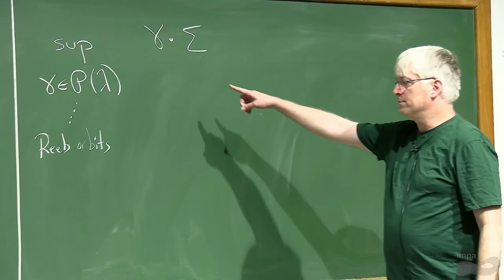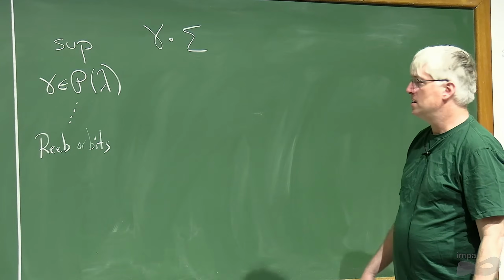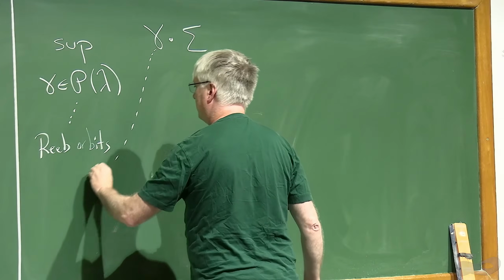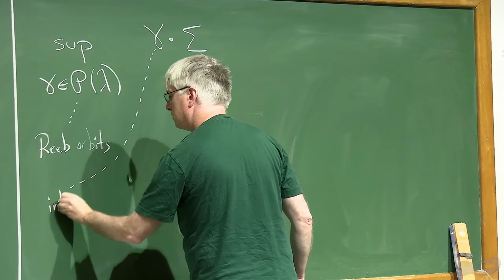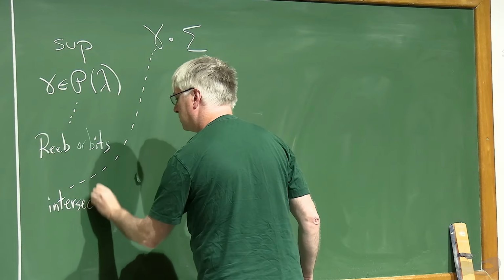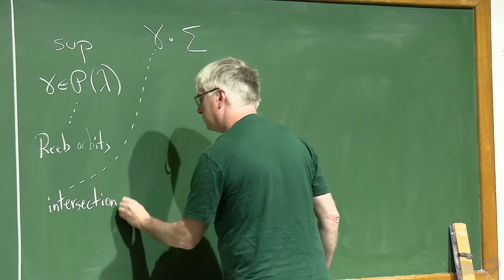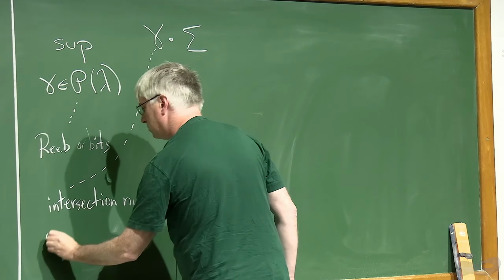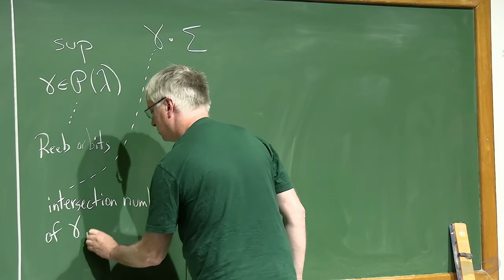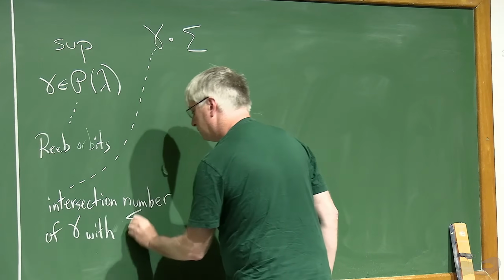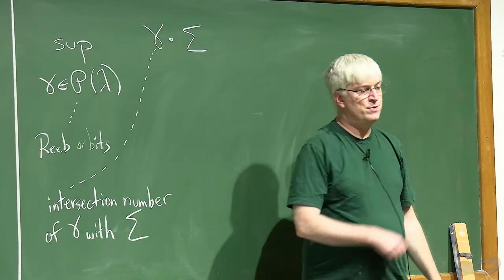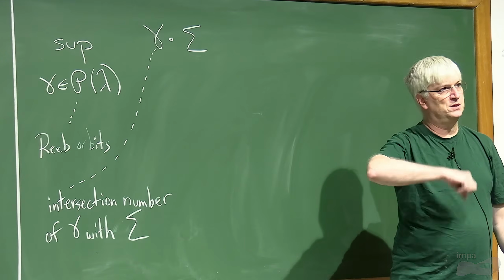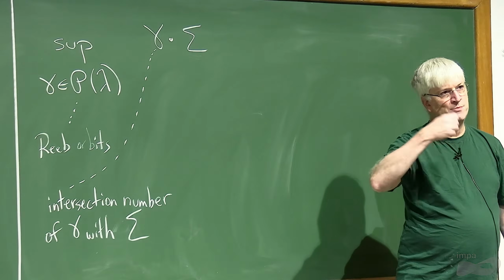Gamma dot sigma is the intersection number of gamma with the surface. If gamma is intersecting the interior of the surface, then it's just the number of intersections.